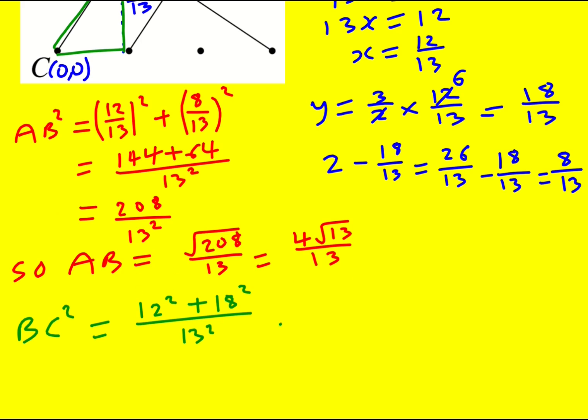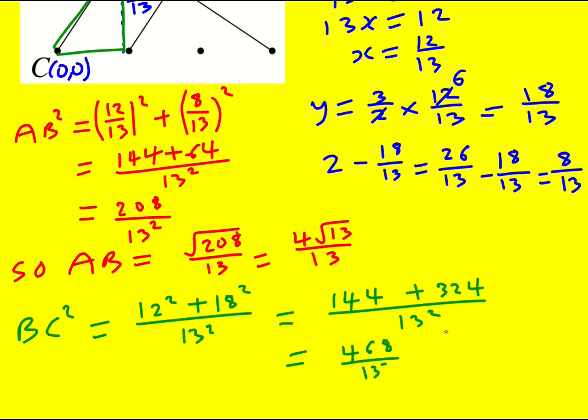It's gone straight to this. So 144 plus, I'm looking at what I did earlier, I'm not going to do all the calculations, 324 over 13 squared. 468 over 13 squared. So from this, we get BC is actually 6 root 13 over 13.